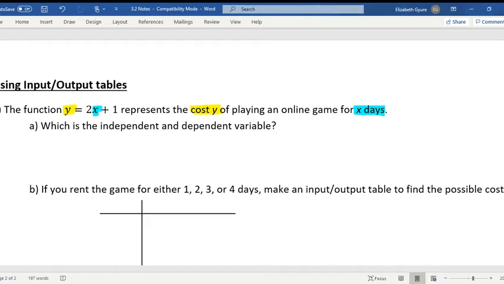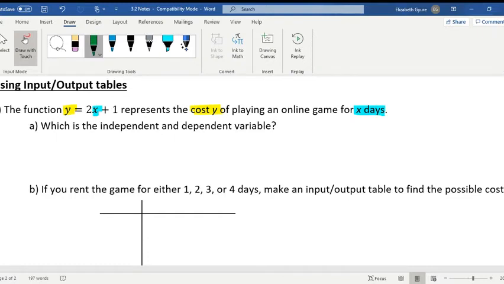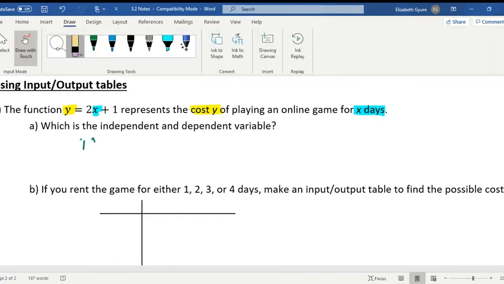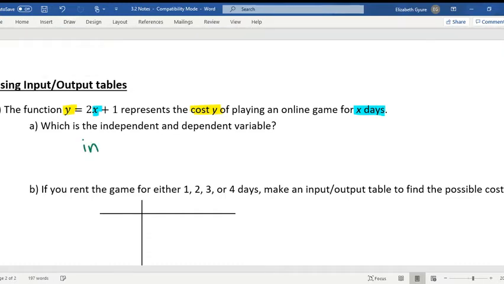Days, because you decide that, right? So independent is X, days. Okay. And then dependent would then be what?